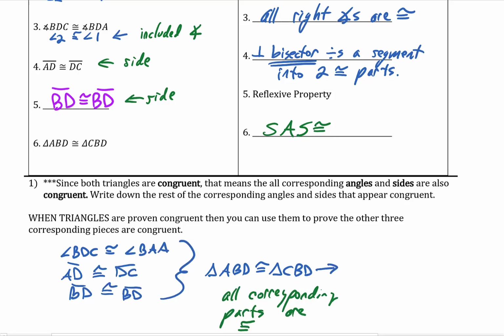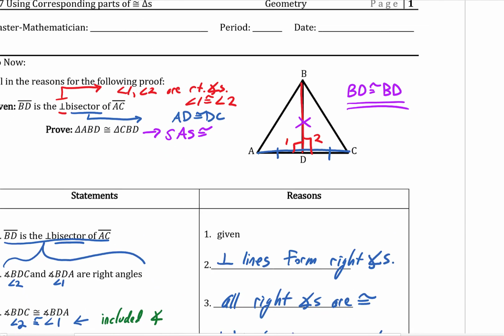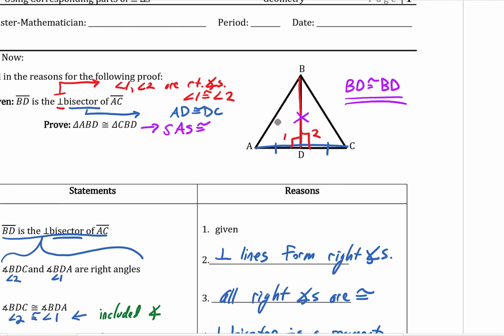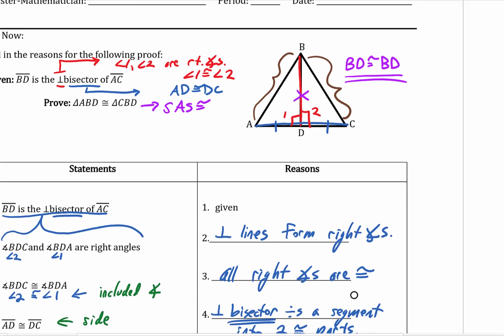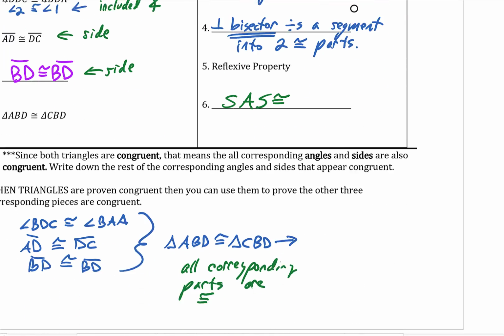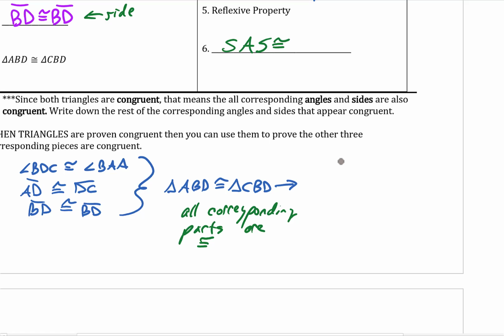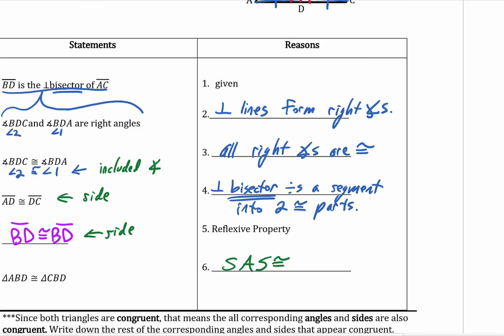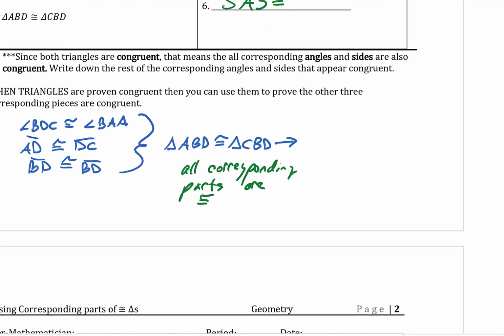If we go back to the picture, since the triangles are congruent, it looks like this guy corresponds to this guy. AB corresponds to BC, and the triangles are congruent, so they're corresponding parts. AB is congruent to CB.